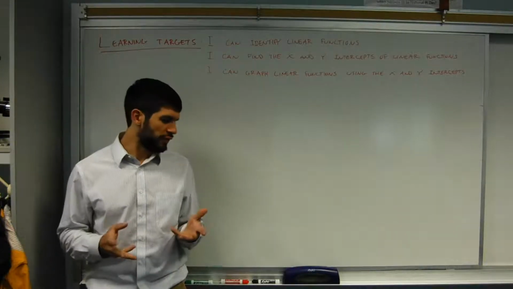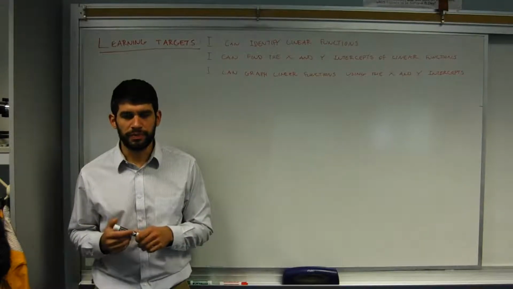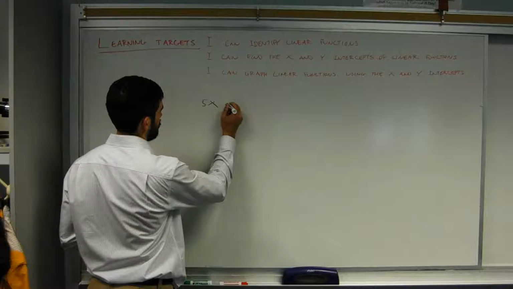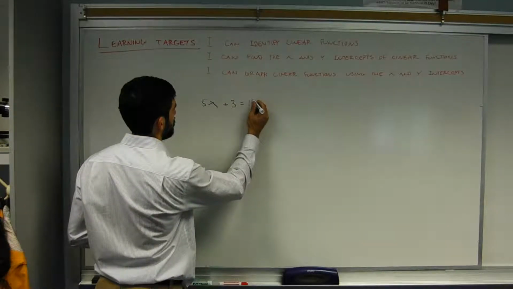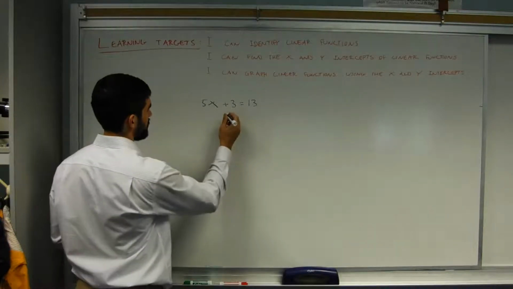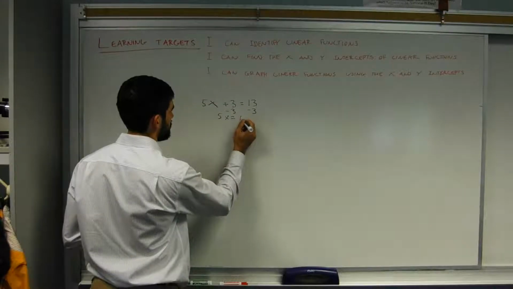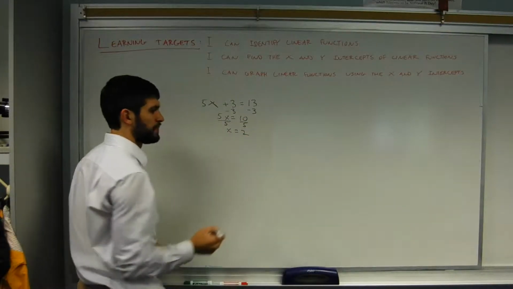So far, we've been working mainly in one variable. So we've had equations like 5x plus 3 is equal to 13, for example. And we'd solve these, we'd subtract 3 from each side, and we'd get 5x is equal to 10, and we'd get x equals 2.